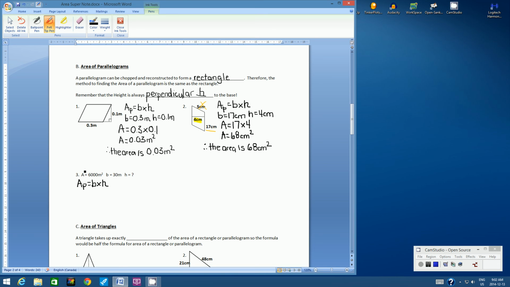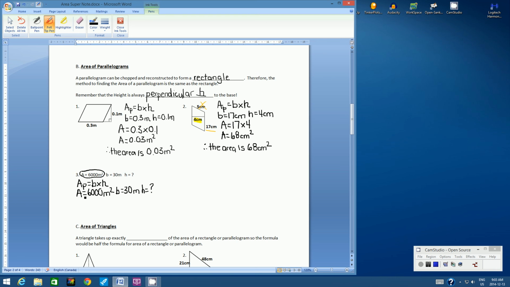So let's see what we know. Well, we're given the area in this case. The area is 6,000 meters squared. What else do we know? We know the base. The base is 30 meters. And we're asked to solve for the height.